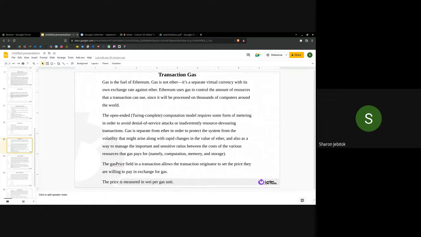And the reason why we have the gas is to control the amount of resources that a transaction uses. So when a transaction, let's assume a bank or money transfer, mostly there is that fee that one has to pay for it to occur.